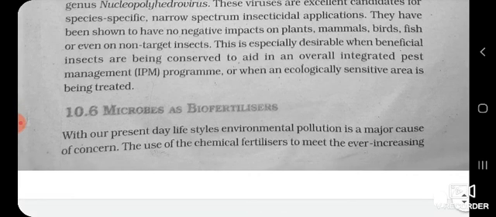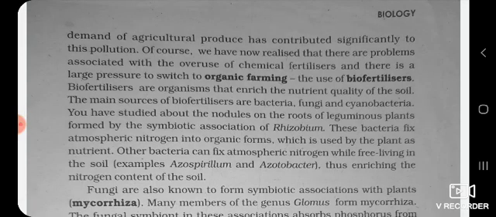Now the last part of this topic is microbes as biofertilizers. With our present day lifestyles, environmental pollution is a major cause of concern. The use of chemical fertilizer to meet the ever increasing demand of agriculture produce has contributed significantly to this pollution.